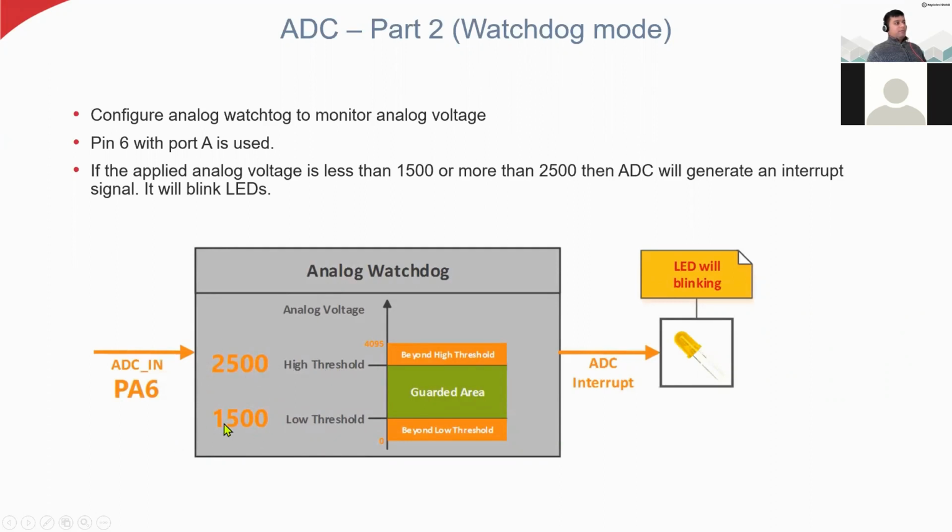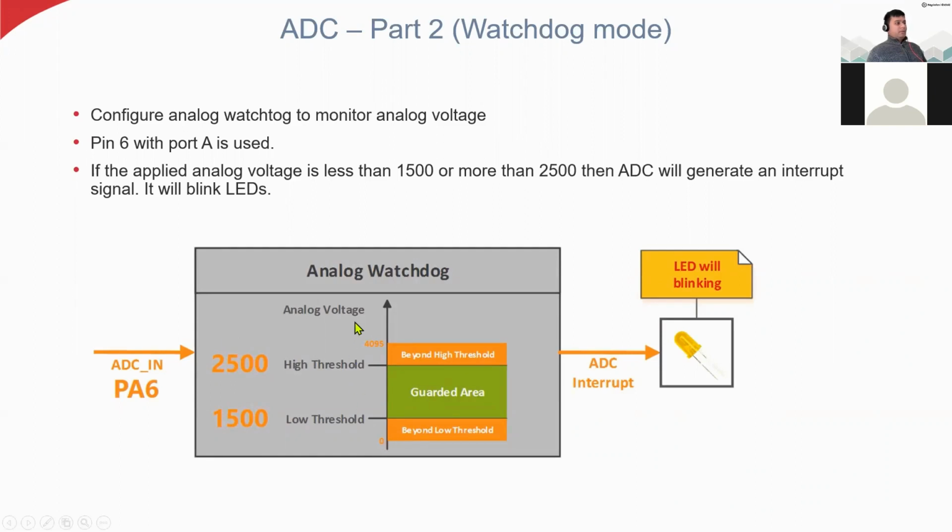It doesn't need to be these values; it can be any other value, I'm just taking this as an example. Whenever the measured value is between 1500 and 2500, that is the safe, guarded area. Whenever the measured real-time value goes beyond this, for example more than 2500 or less than 1500, then we need to have an alert signal.